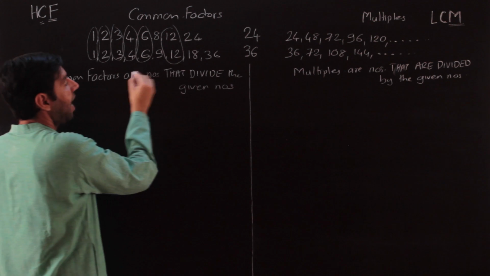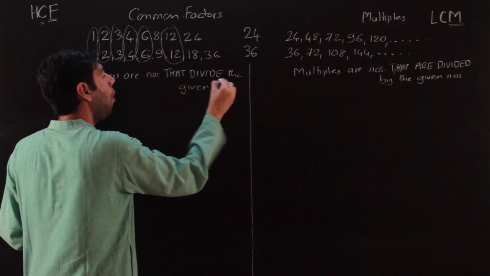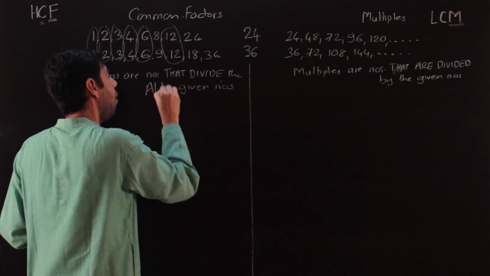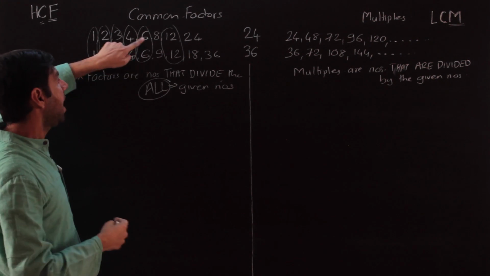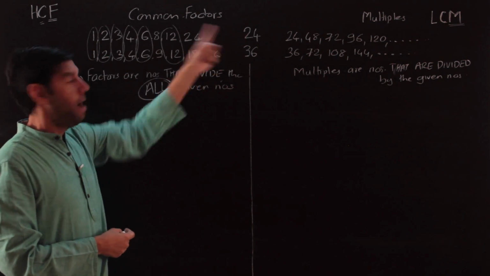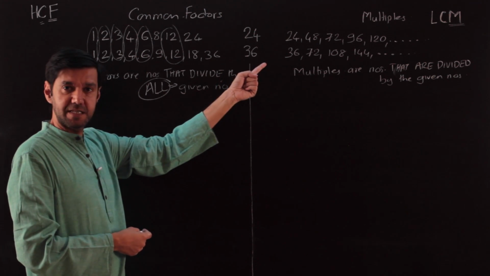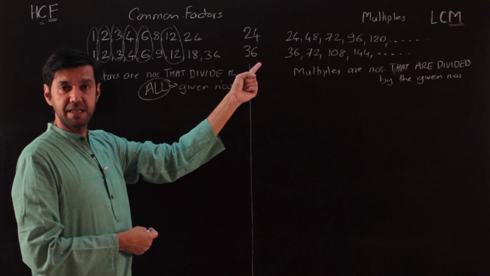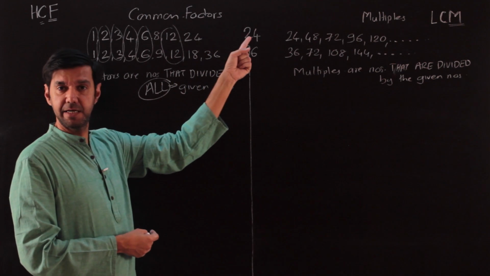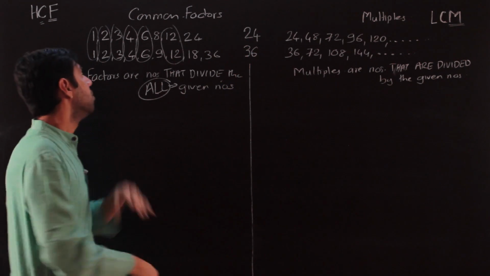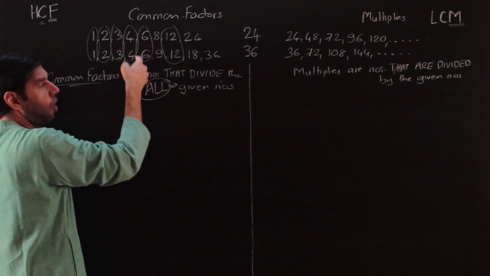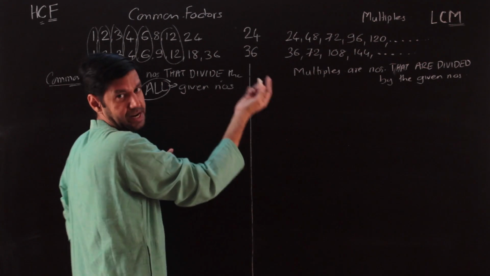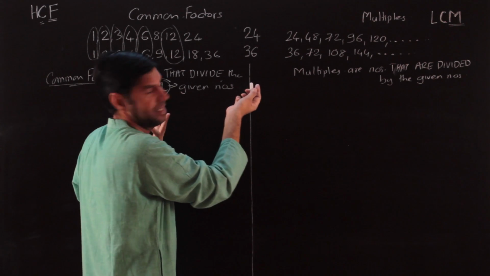Common factors are those which divide all the given numbers. What I mean by that is, 8 was dividing 24, but 8 was not dividing 36. 9 could divide 36, but 9 is not present in the earlier list. It cannot divide 24. So 6 is common, it will divide both the given numbers. It's as easy as that.